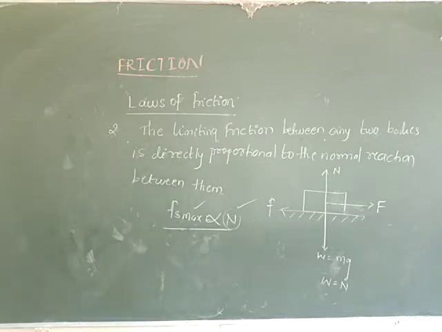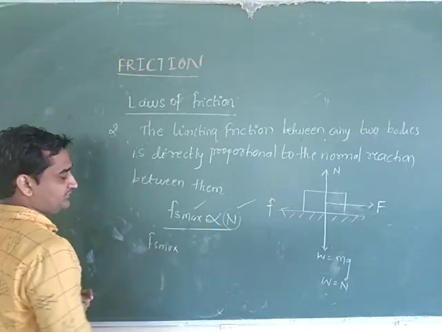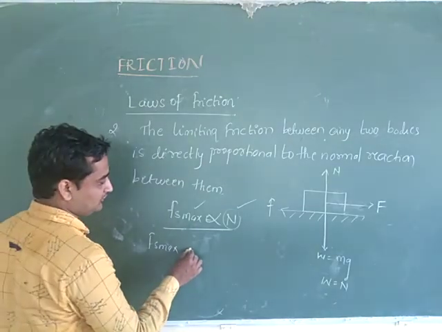So from this law, we can write Fs max is directly proportional to N, that is, the limiting friction is directly proportional to the normal reaction.